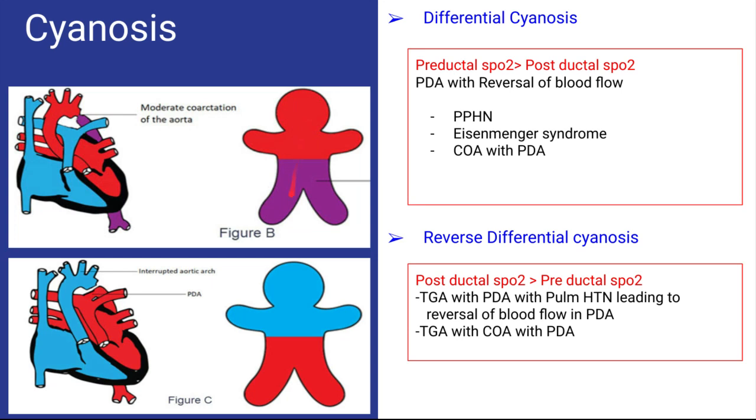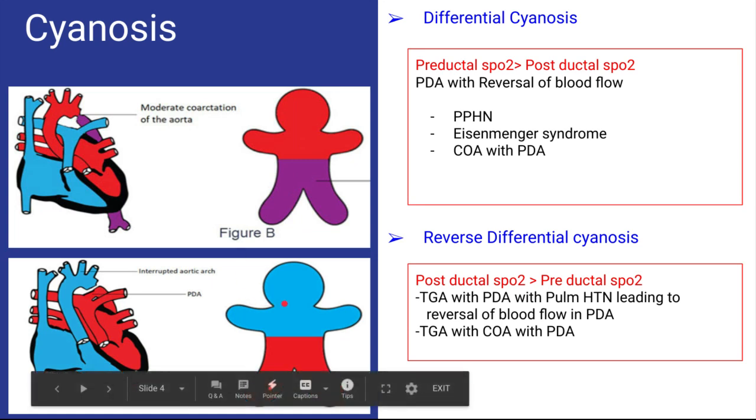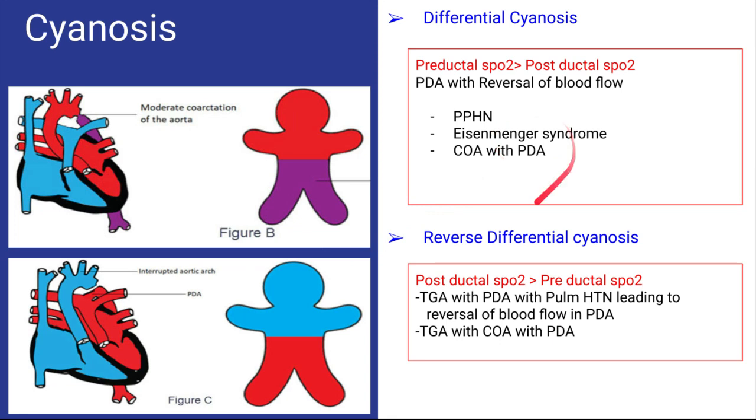Then reverse differential cyanosis is the condition where only the upper part of the body is cyanosed and the lower part is pink. It happens when the above conditions of differential cyanosis are reversed by transposition of great arteries.